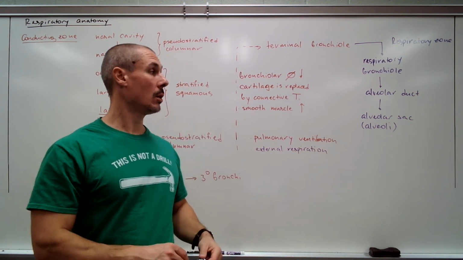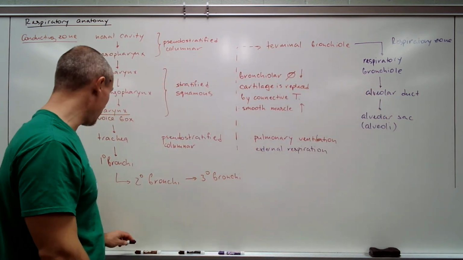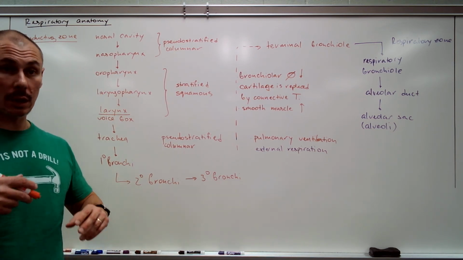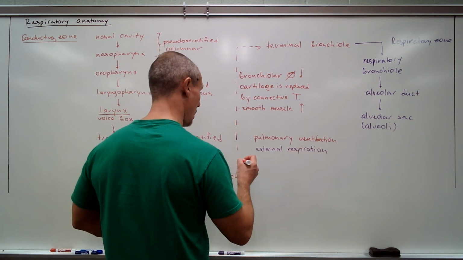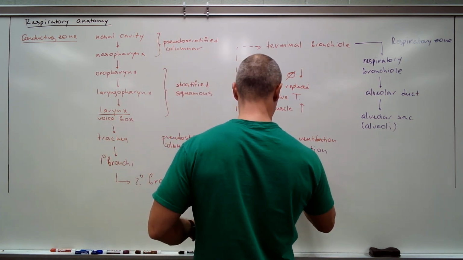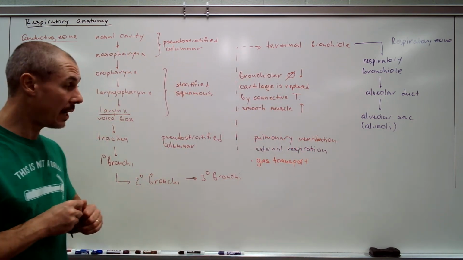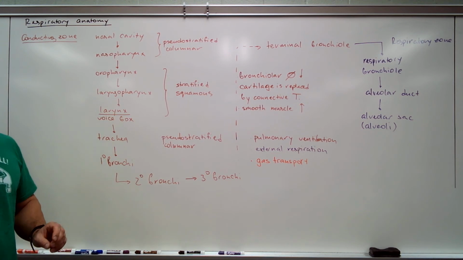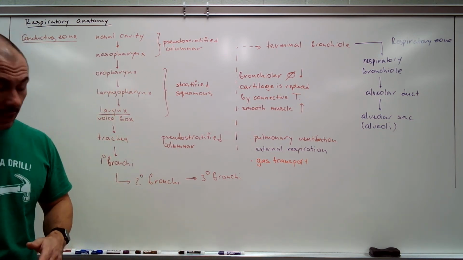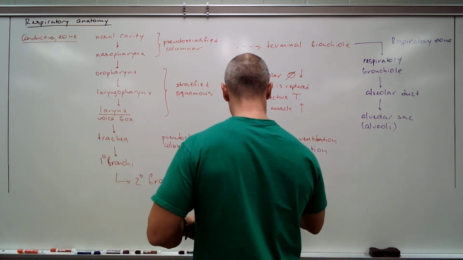Oxygen then goes from the air into the blood, and blood transports it to the tissues. So that will be gas transport. And finally, the gas exchange between the blood and the tissues is called internal respiration.